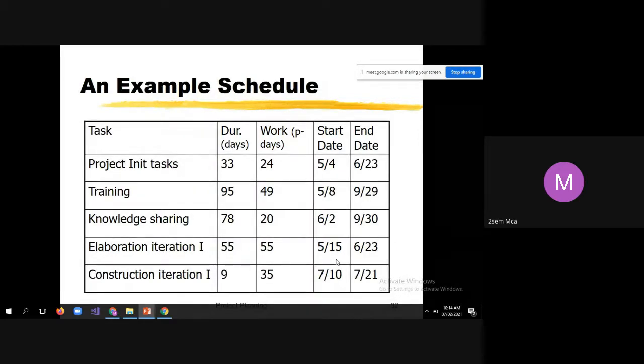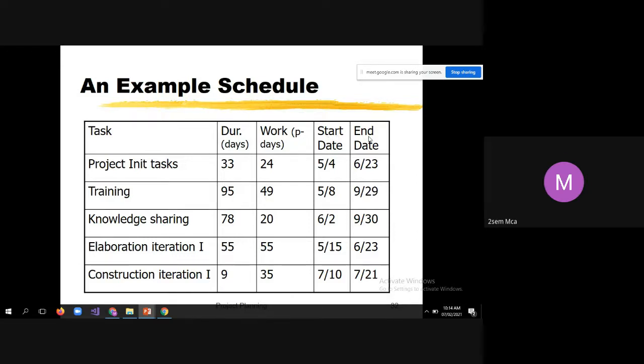Now look at the example schedule. You may get a question like explain project scheduling with example. So this is the example. In the first column you have the task, then duration in terms of days, then work, also in terms of person days. P days means person days.